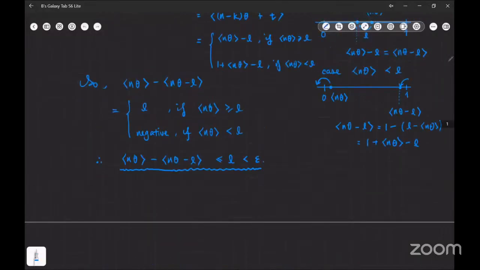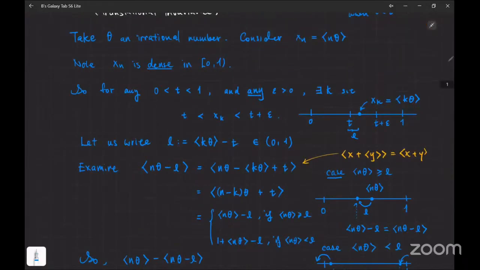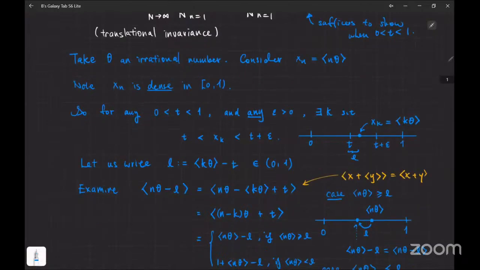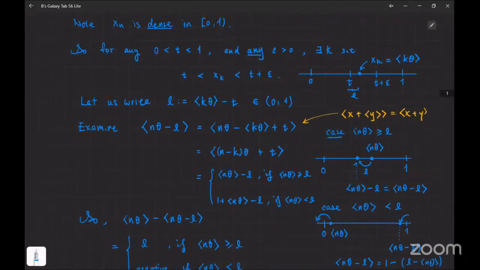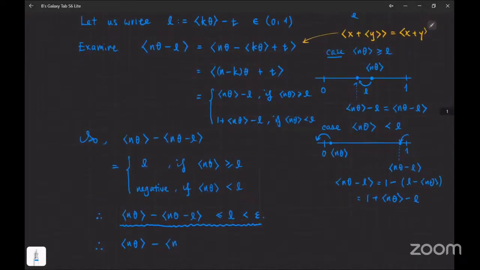Let's put everything back in here. So this says n theta minus n. If you see over here, L, right, it's right here.